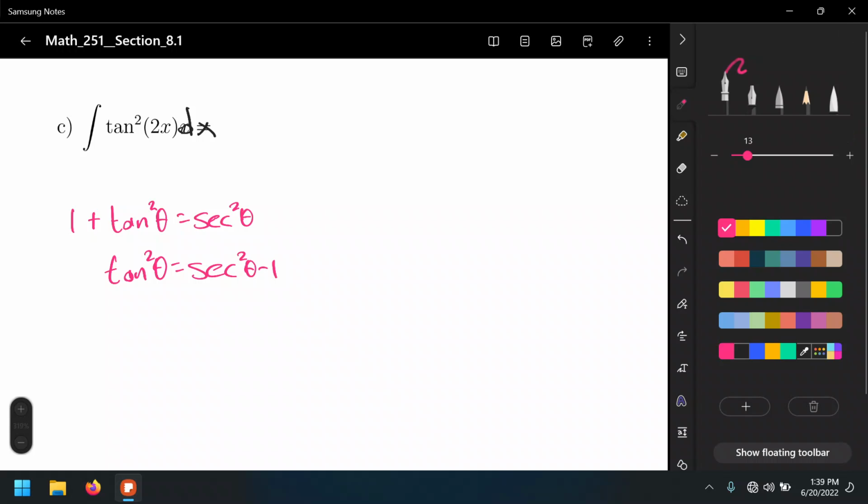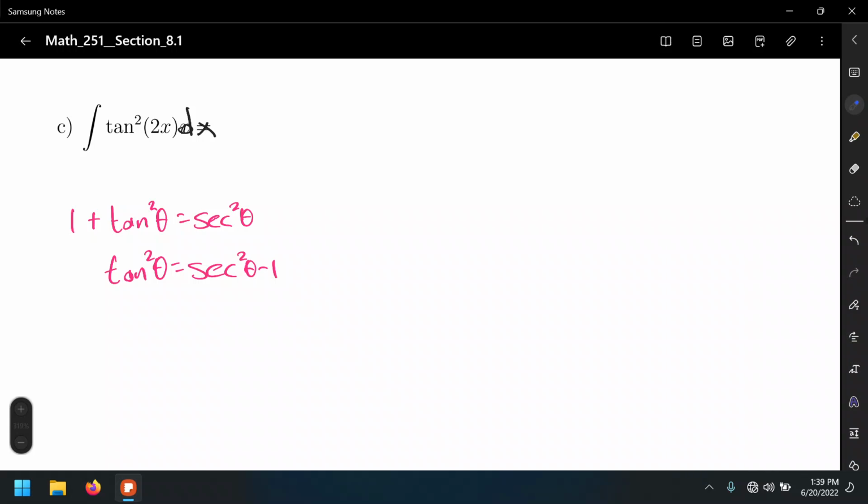Alright, so let's replace using that instead. So that's the integral of secant squared 2x minus 1. Split this into two integrals.